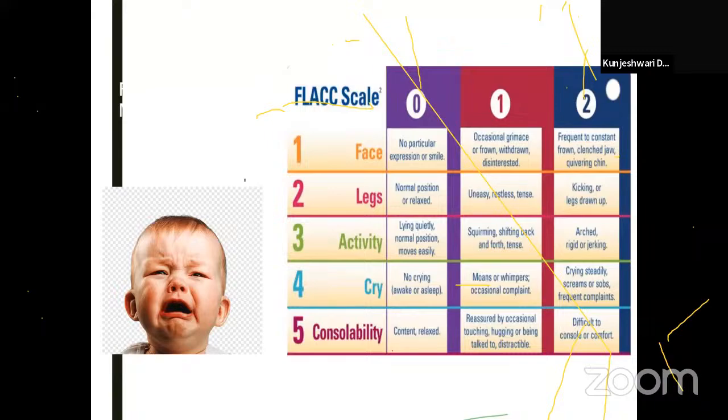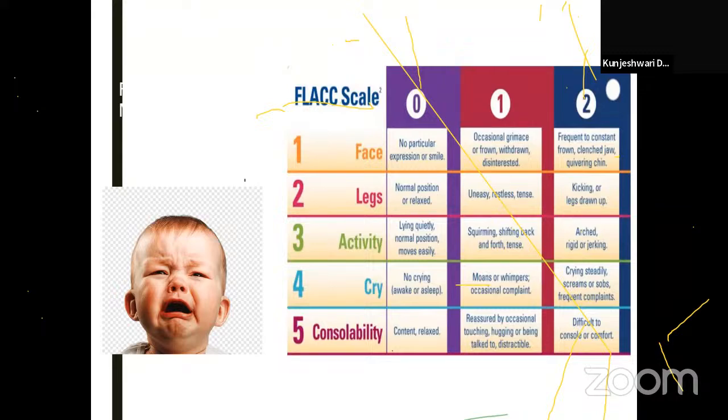Next, of course, you think of the legs. Normal position, relaxed, or if the child is really in pain, uneasy, restless, tense. If you can remember face, leg, activity, cry, and consolability, I'm sure the rest you will be able to monitor with your experience.